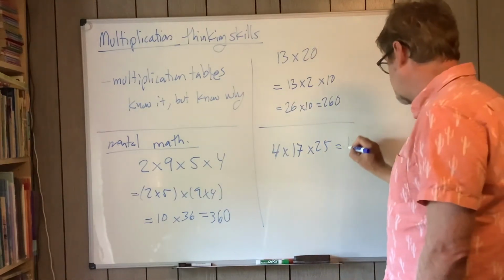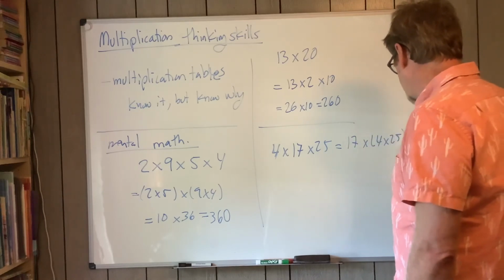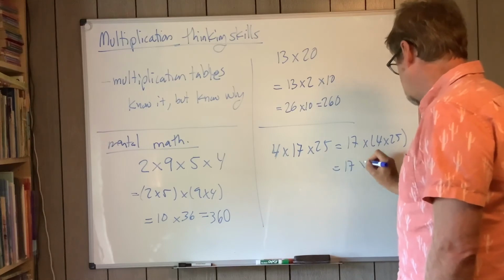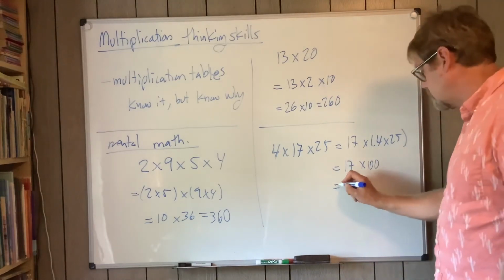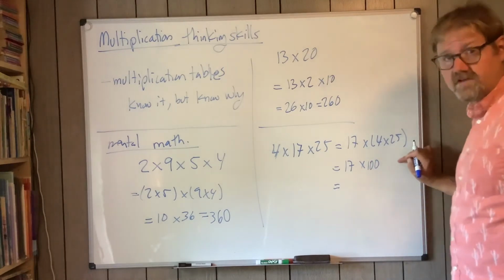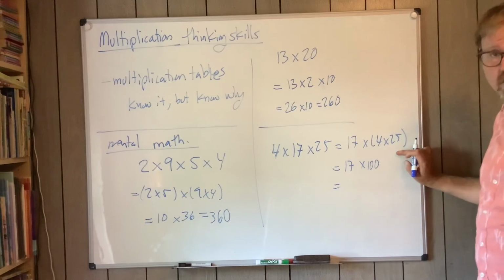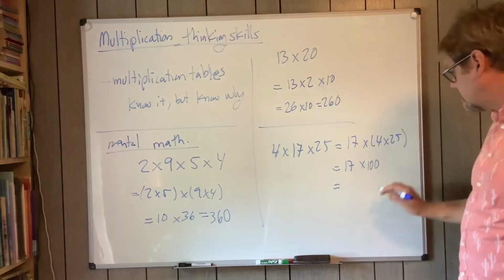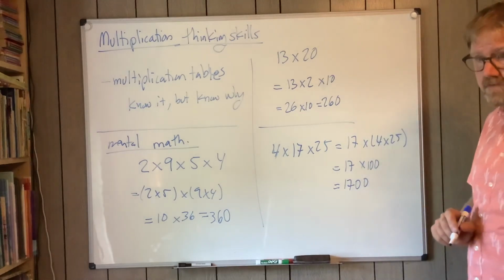So I want to rearrange this. I'm going to do 17 times 4 times 25, because 4 times 25 is 100. I often emphasize money on this stuff: 4 quarters is $1. And then this is just 1,700. So we have things like that.